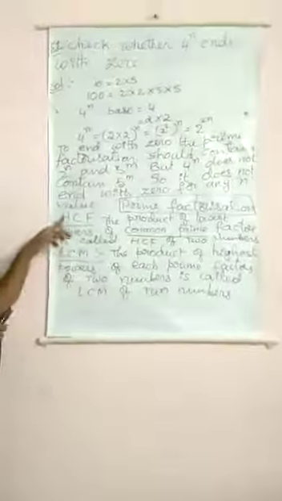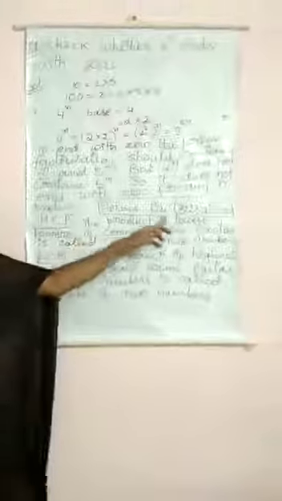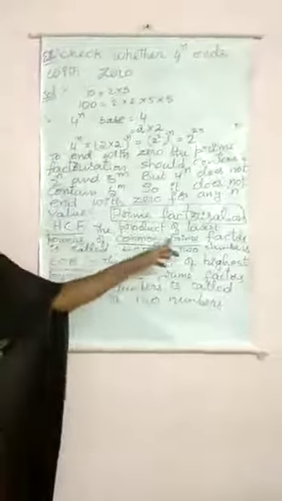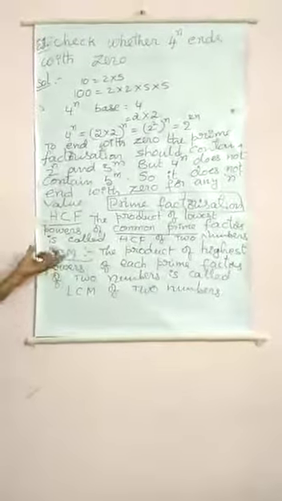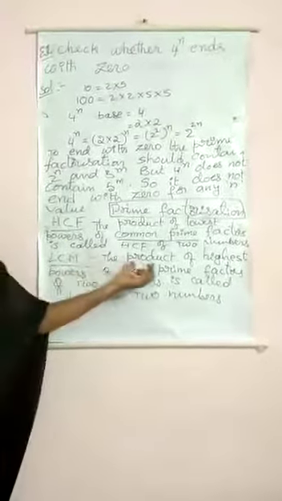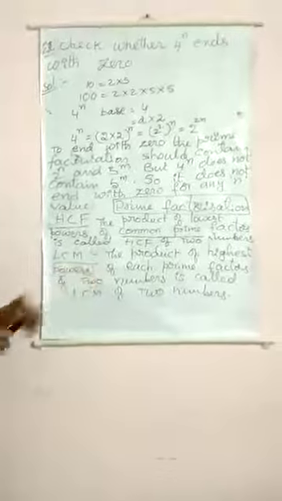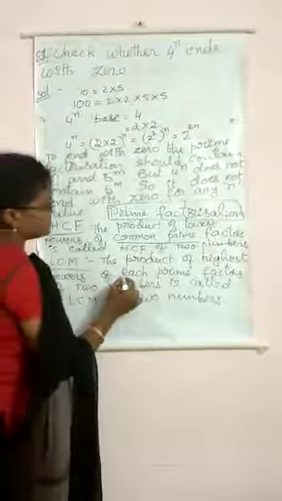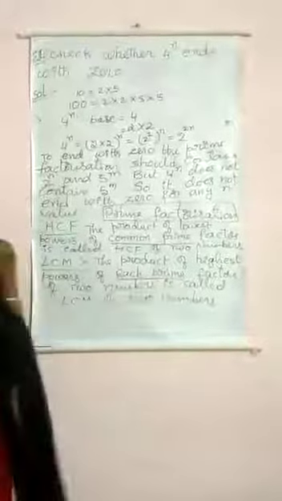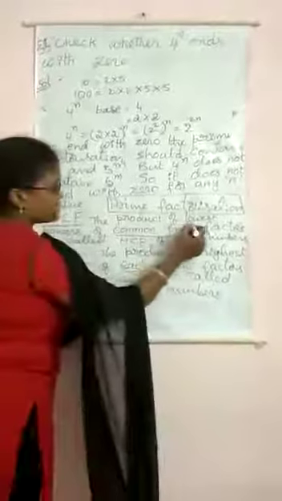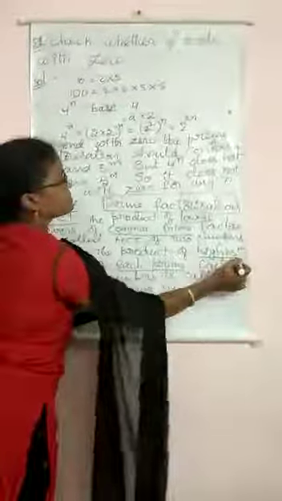These definitions are also important for half mark or 1 mark. So what is HCF? The product of lowest powers of common prime factors is called HCF of two numbers. And what is LCM? The product of highest powers of each prime factor. This is very important: here common prime factors, and there each prime factor; here lowest, and there highest powers.